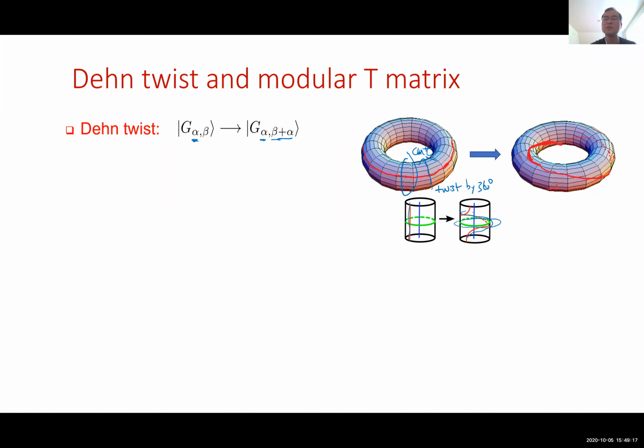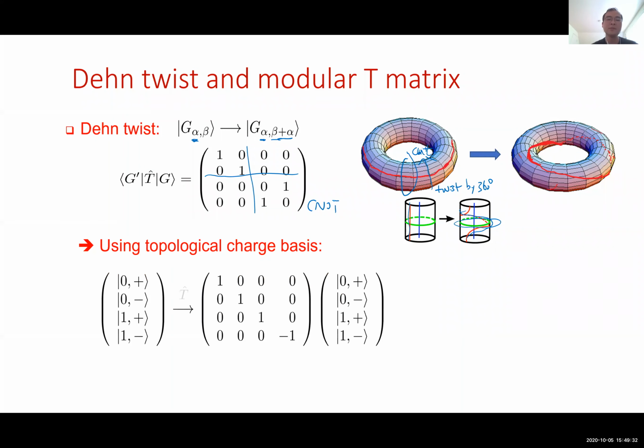So there's a vertical direction, and this is the so-called modular T matrix. It looks like a CZ gate in our logical basis. But in the topological charge basis, you see that there's a minus sign.